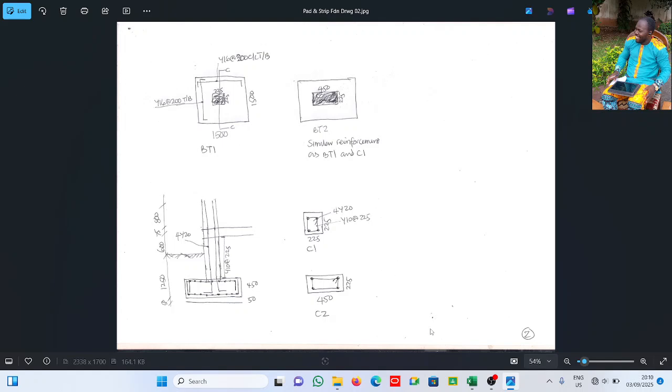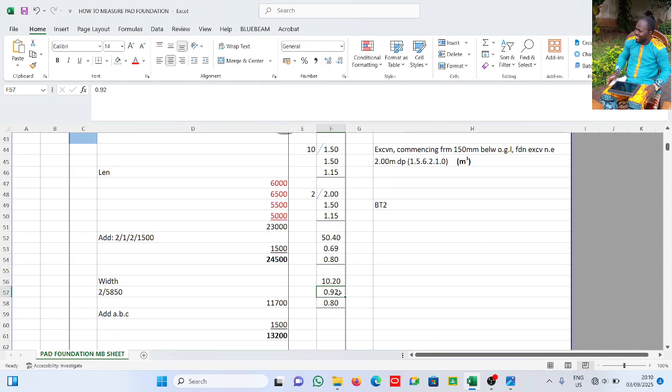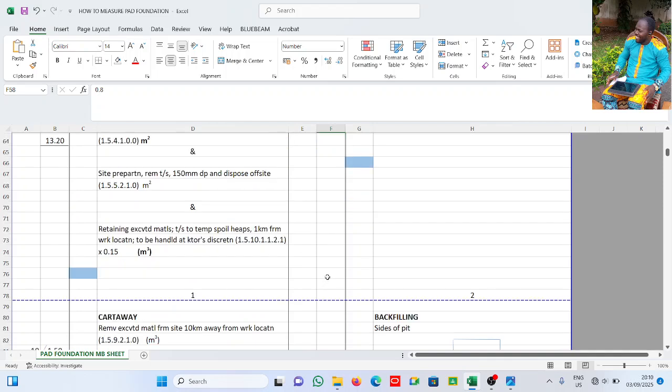See it here. See, 925. That's 0.93. The depth is 0.8. So this is basically how you do excavation. The excavation for your pad and strip foundation. Right? I hope we get it right.